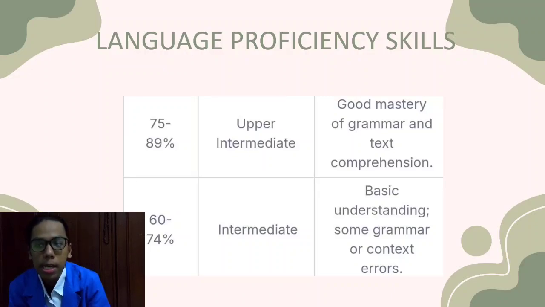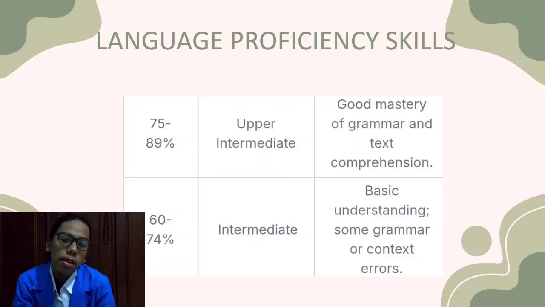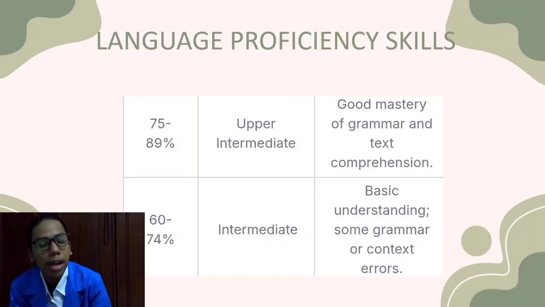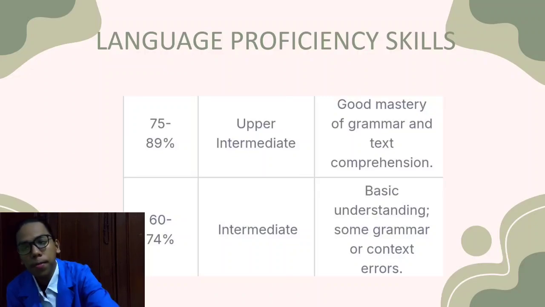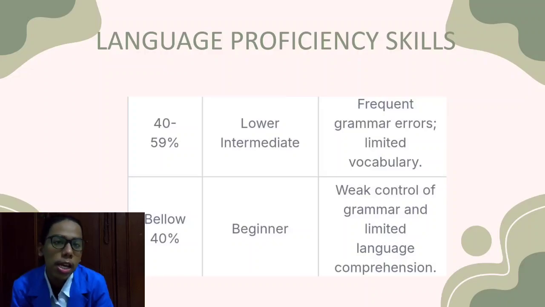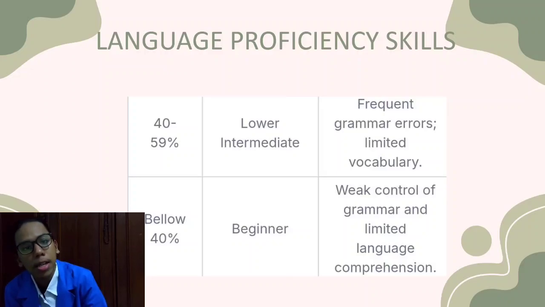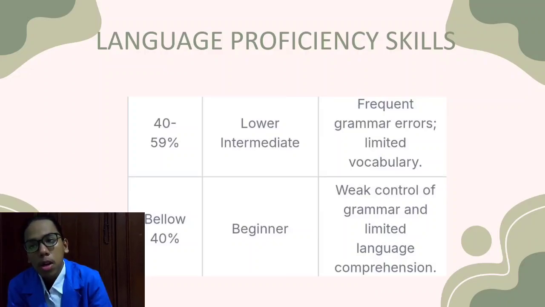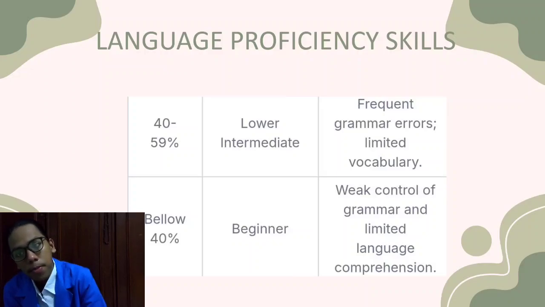And 60 to 74% is classified as intermediate. In the intermediate level, the learners have a basic understanding, with some grammar or context errors. And 40 to 59% is classified as lower intermediate.